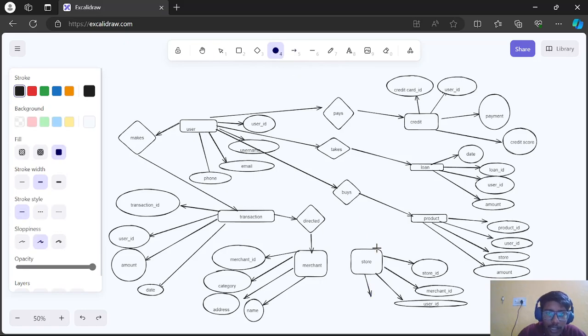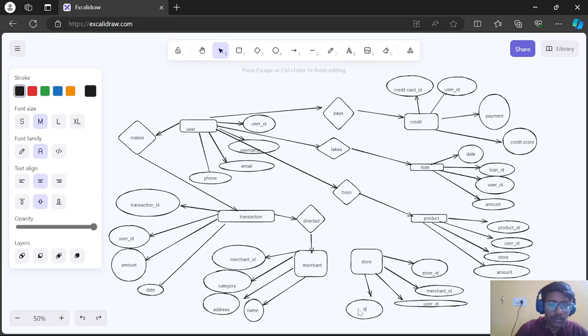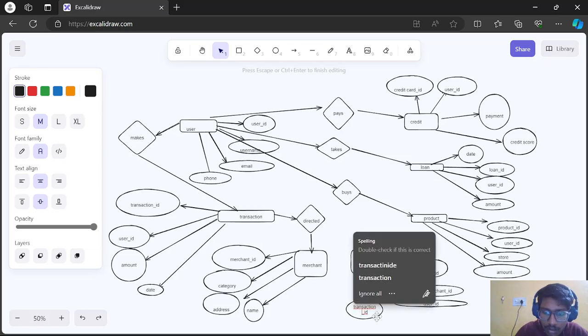The last attribute of the store entity would be the transaction ID.